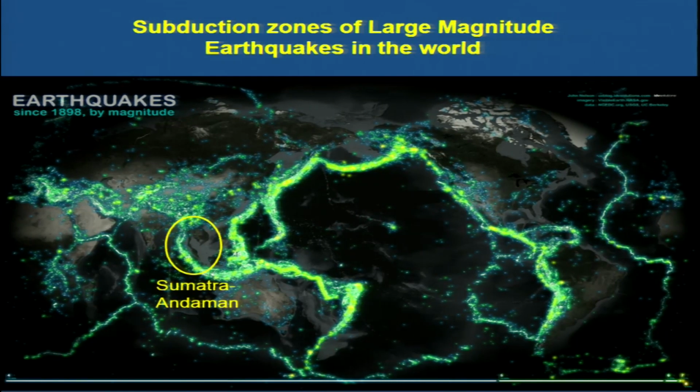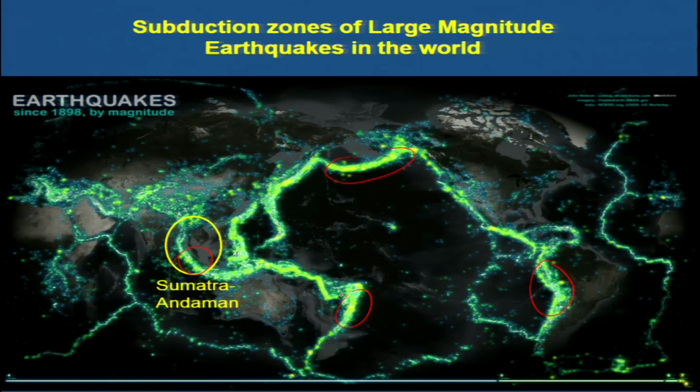So, what is meant by subduction zones? Here the maximum seismic activity is responsible for the large magnitude earthquakes. Okay. And on this map you can see the parts which are brighter, which have higher intensity of lights.